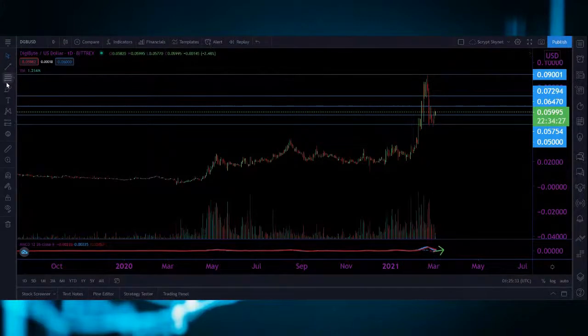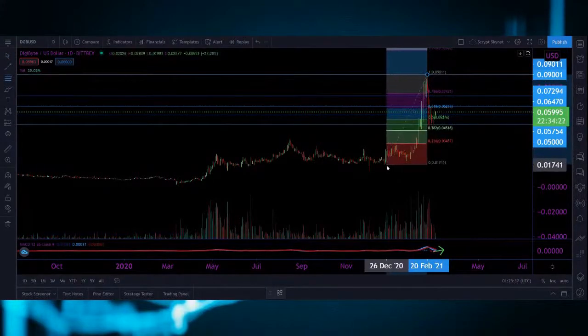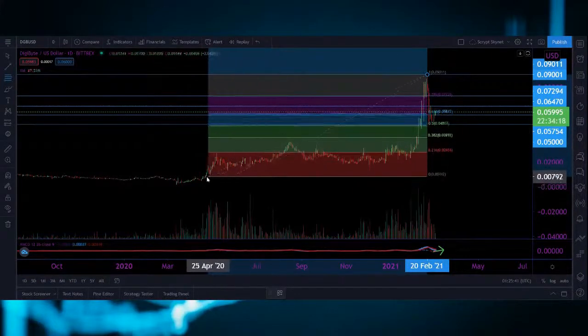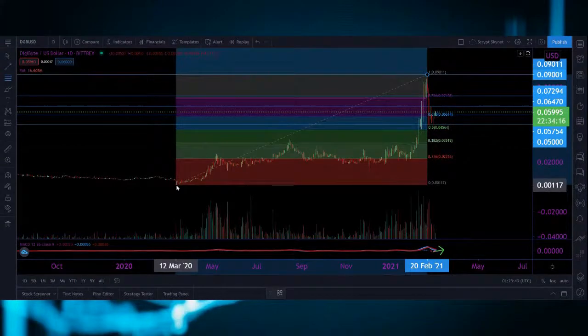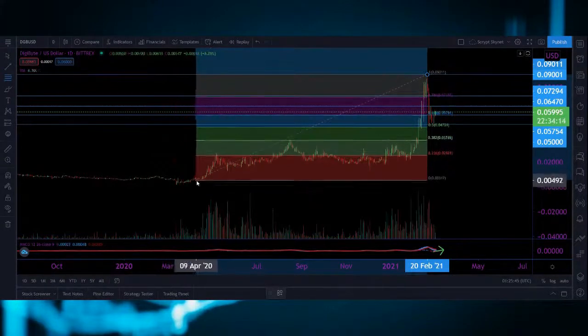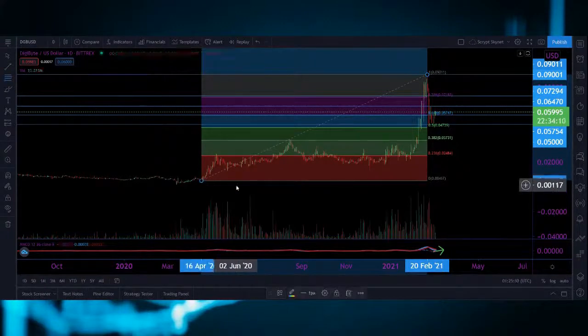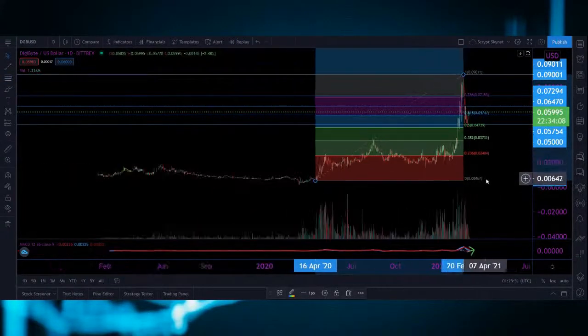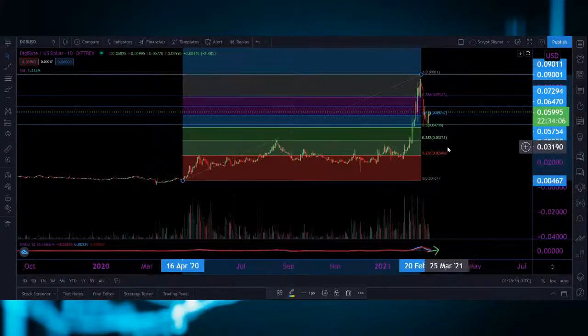Move from this high down. Okay, there we go. Technically, it should be down here, guys. Right here. All right, so that's where we're at with the fib.